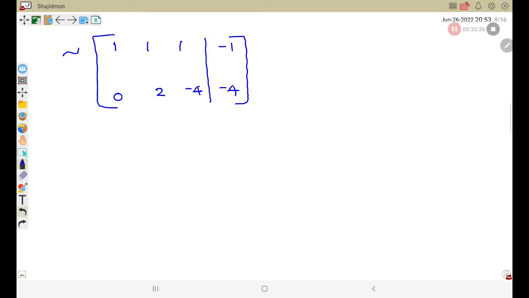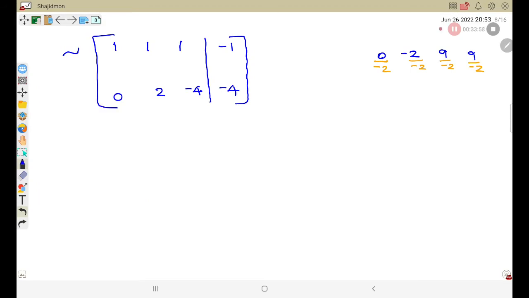Second row, the complete row, we divide by minus 2. What are the numbers in the second row? 0, minus 2, 9 and 9. So we divide all the numbers by minus 2. What will be the new output row?